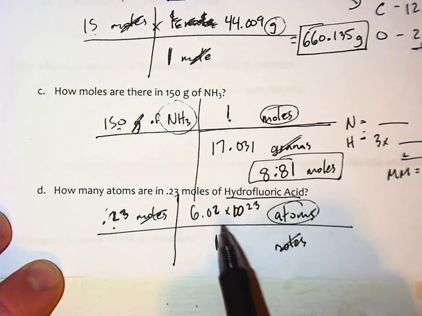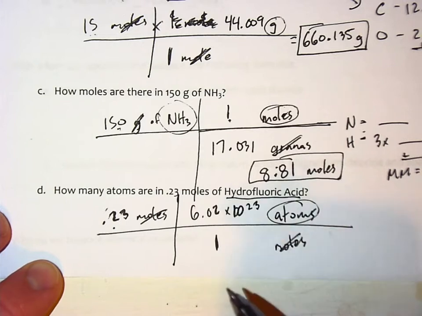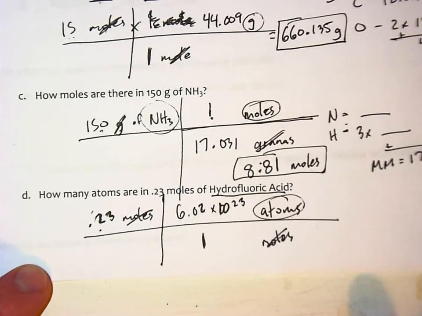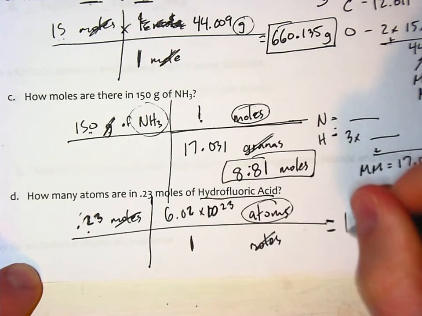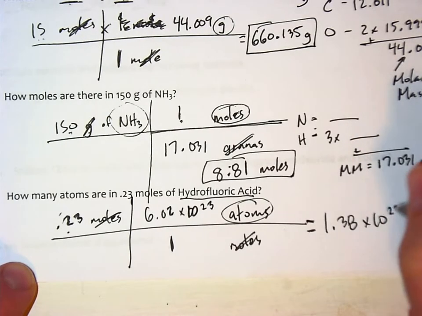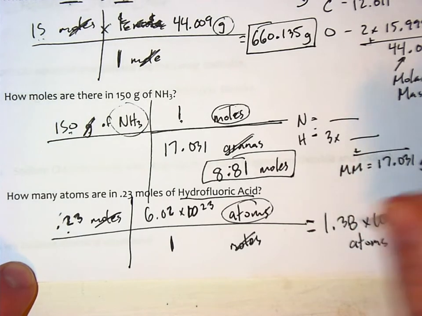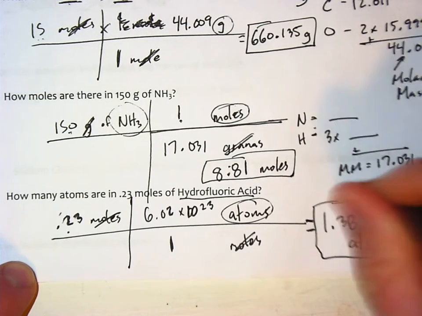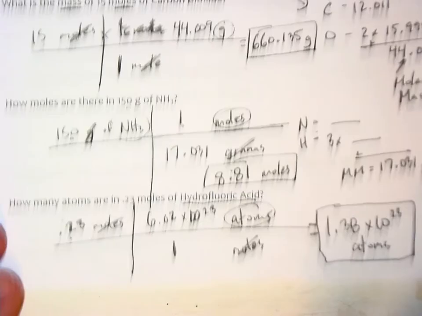So 0.23 times Avogadro's number divided by 1, which again is just itself. So when I plug that into a calculator, it's going to give me 1.38 times 10 to the 23rd. And again, that's atoms. All right, so there are your conversion factors for converting grams, moles, and atoms.